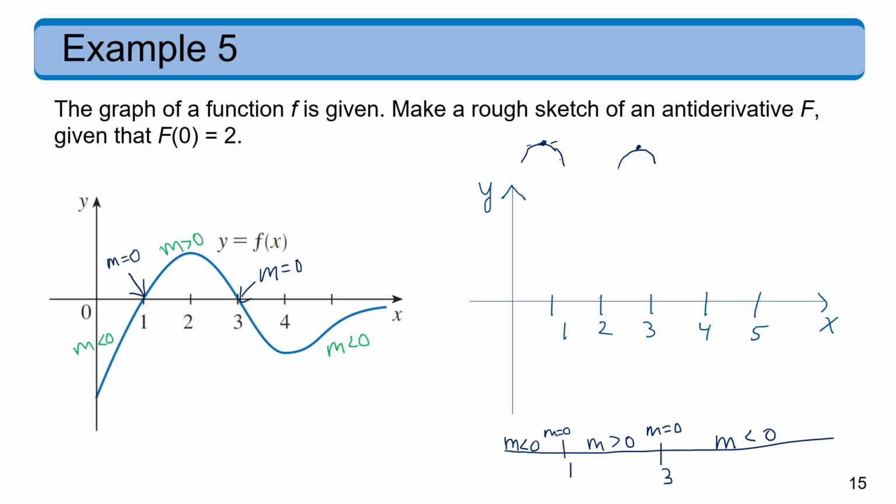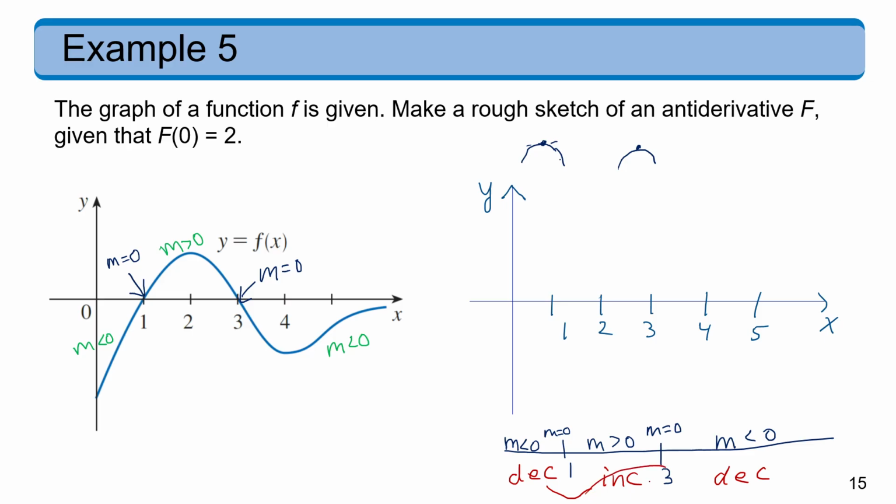Okay, now if we want to start visualizing the curve, negative slope means decreasing. Positive slope means increasing. So we can start visualizing our curve. Decreasing till we get to 1, switches to increasing.